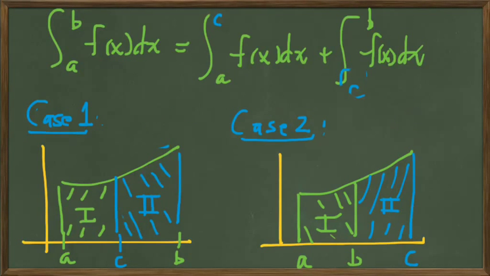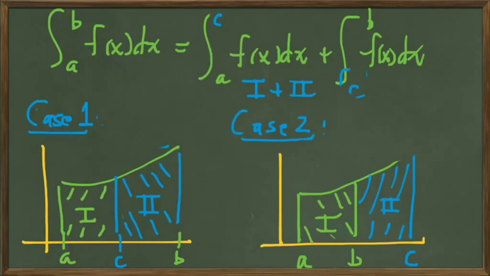So in our case 2, with the picture drawn below here, our first integral between a and c of f of x dx is the integral across this entire region here between a and c. And so the area of that region would be the area of regions 1 plus 2.